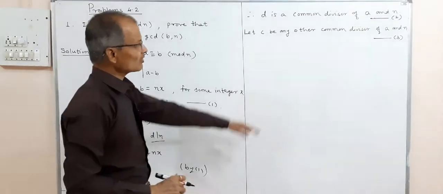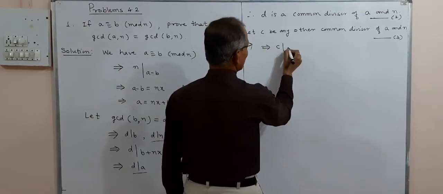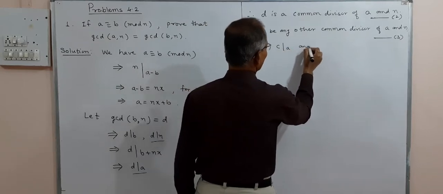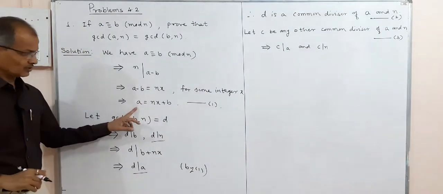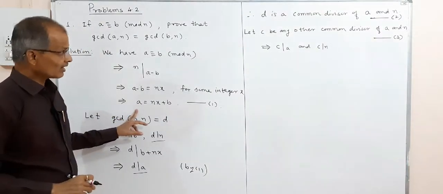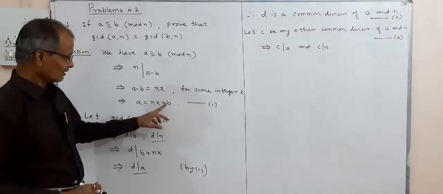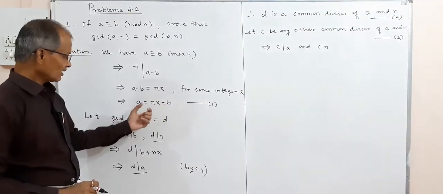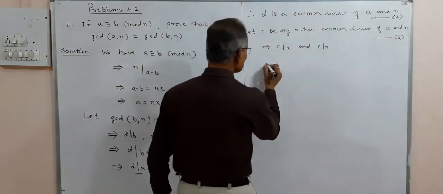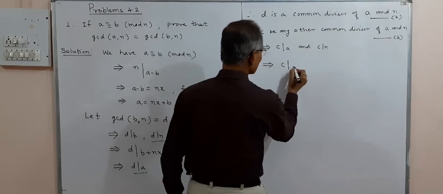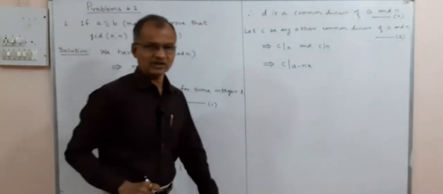And now c is a common divisor of a and n, so this implies c divides a and c divides n. And again we shall use 1. From here we shall consider the combination of a and n so that it will be b. So if you consider a minus nx, that is b, this implies c divides a minus nx, a linear combination of a and n.